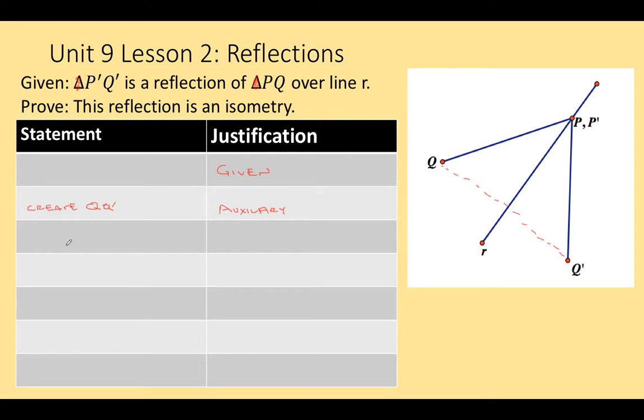So we've got a couple of properties in regards to reflection. I know that because this is a reflection, we'll say that this is point T. Because this is a reflection, QT is congruent to Q prime T. That would be the definition of reflection.